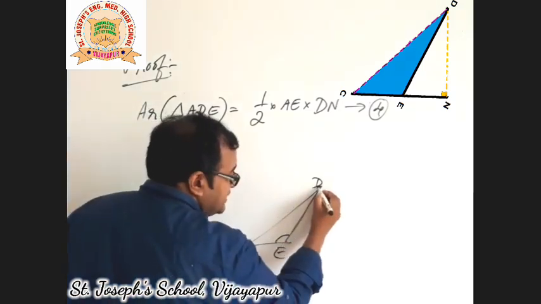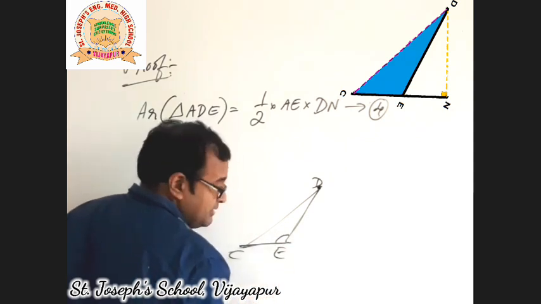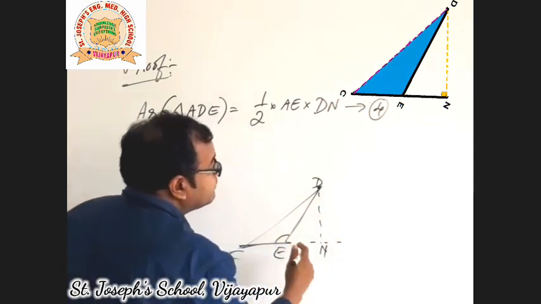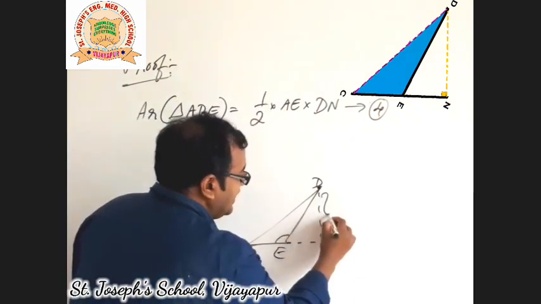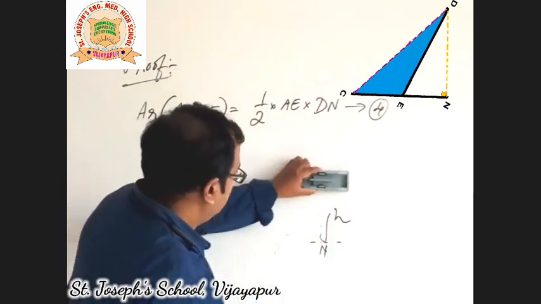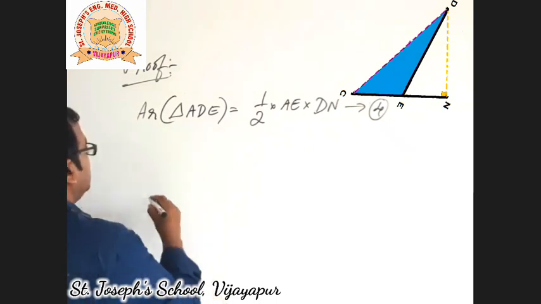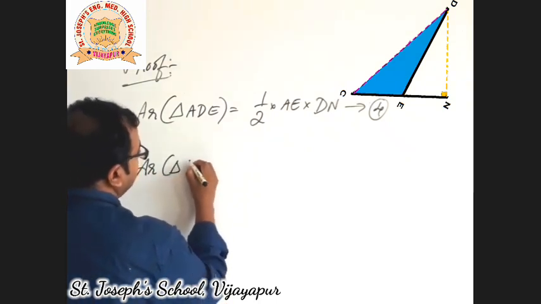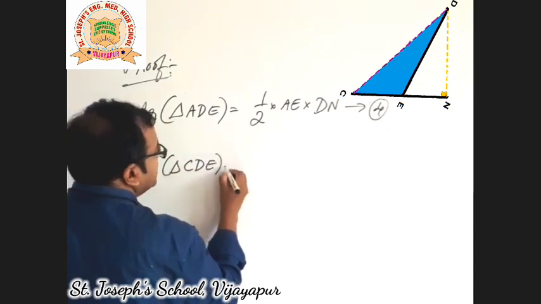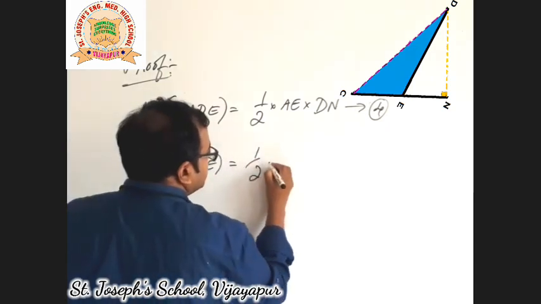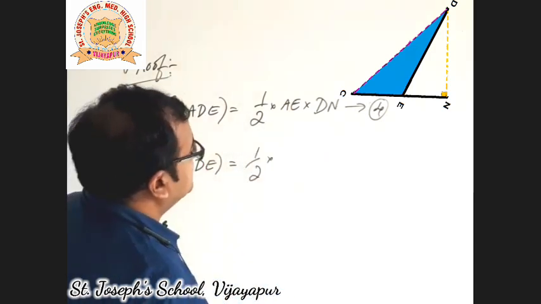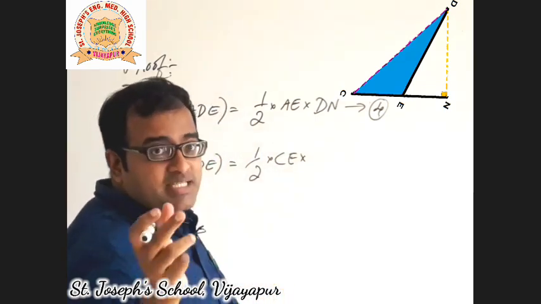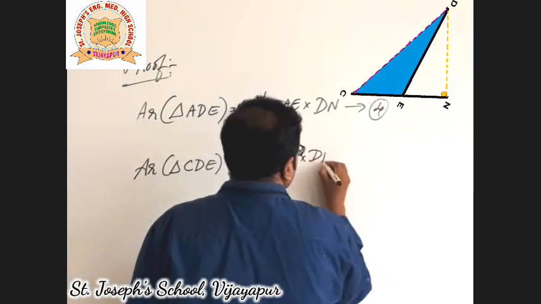That means D is a vertex, C is the base. Base has to be extended and then drop a perpendicular. That's what you see there. So this is the height. Now apply the area formula. Area of triangle CDE is equal to half into base. CE is the base. Height again the same, which is DN.